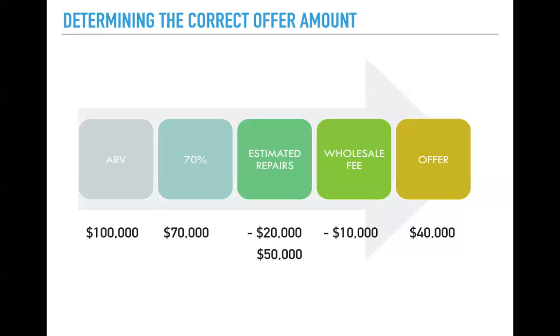I can close really quickly within 21 days. What can you tell me about the property in terms of repairs? And just kind of get them talking, and just listen and see if they're willing to accept that offer or give you a counter or something like that.